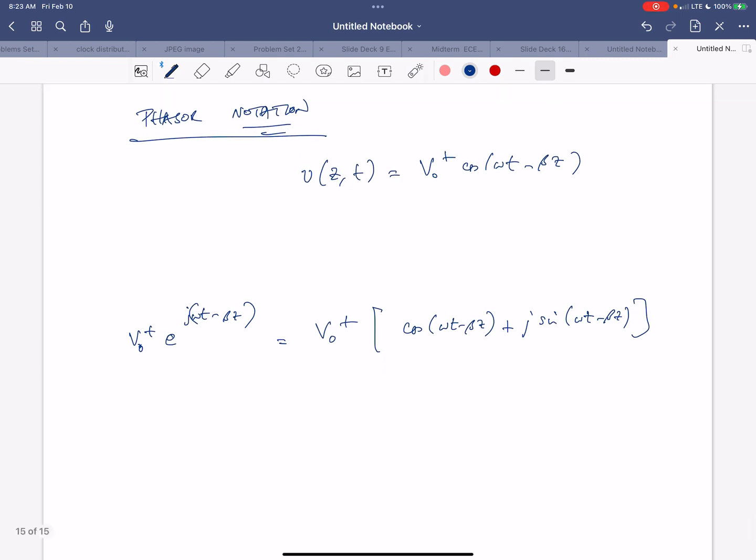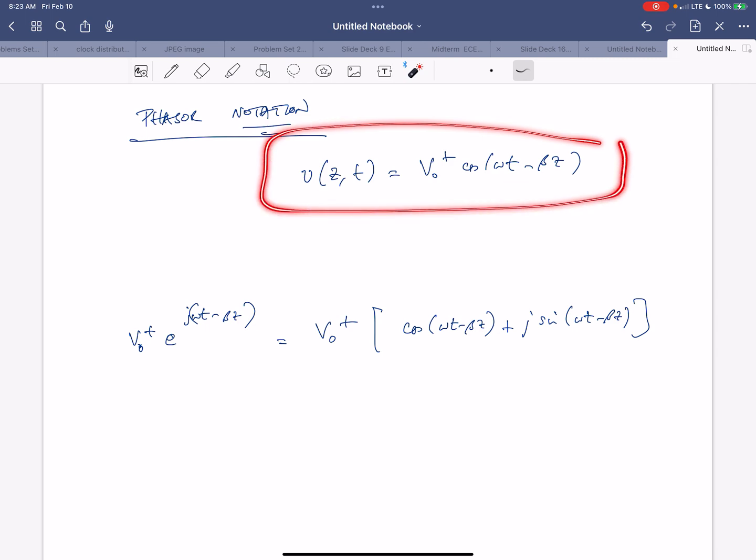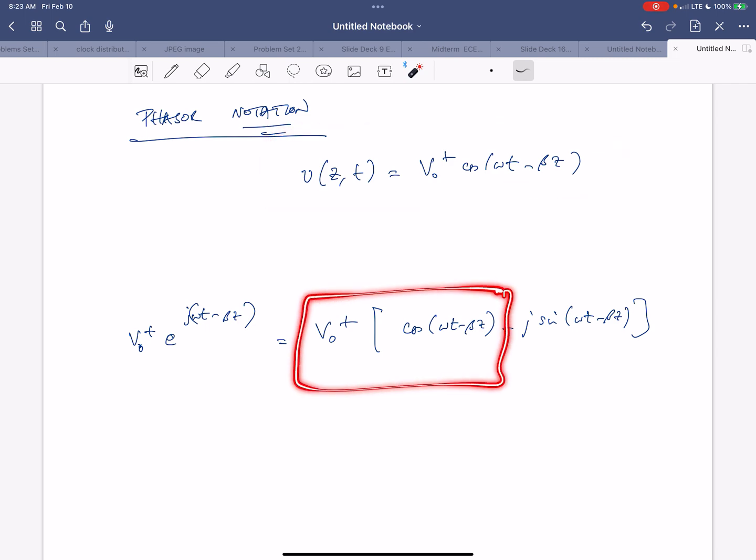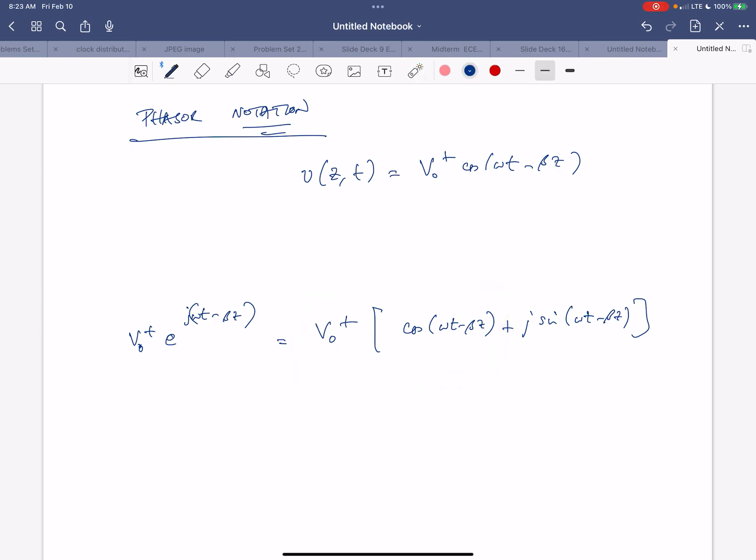So if this thing looks like just this part of this, I can write this as V0 plus the real part of e to the j omega t minus beta z.